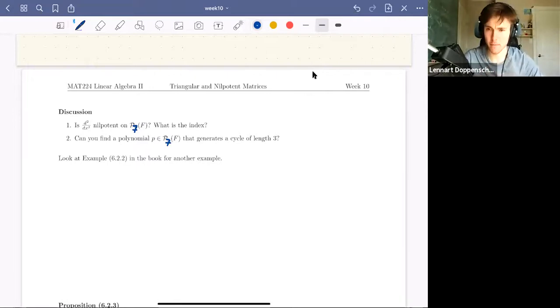Is this transformation nilpotent? And if so, what is the index? And then also, can you find a polynomial in P_7 of R that generates a cycle of length 3? I'll give you 2 or 3 minutes. If you have questions, please just ask or write in the chat.